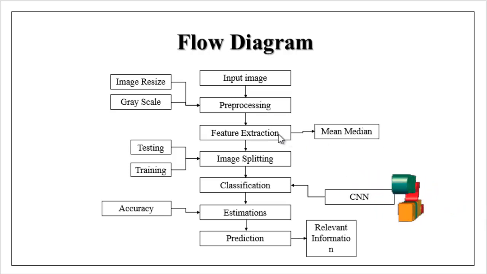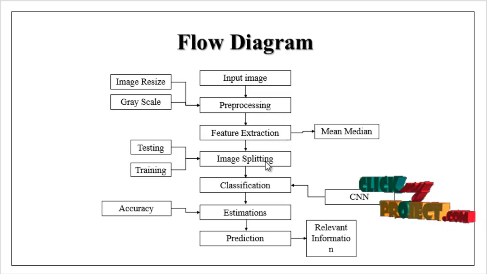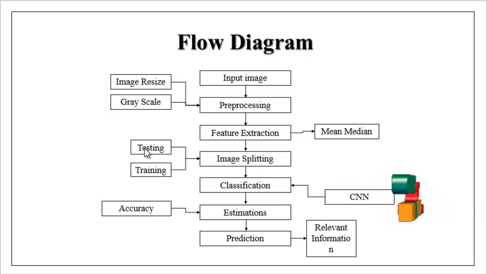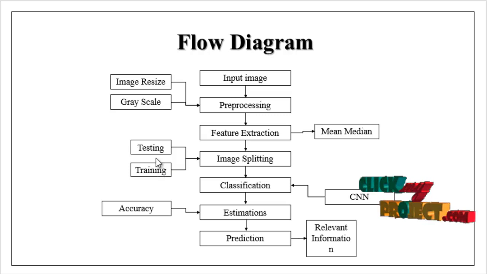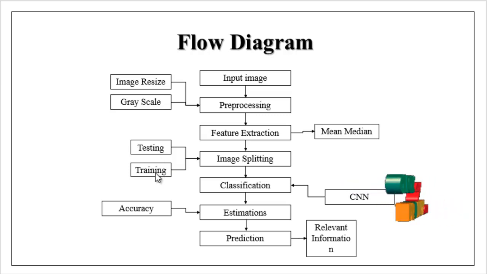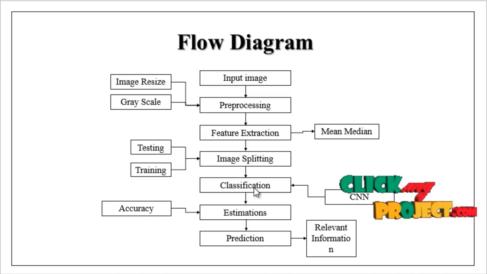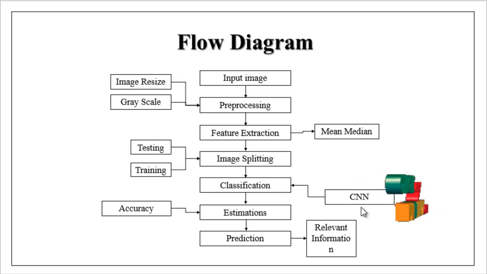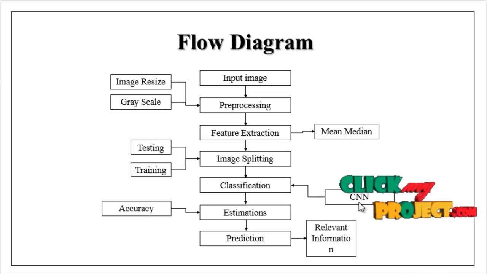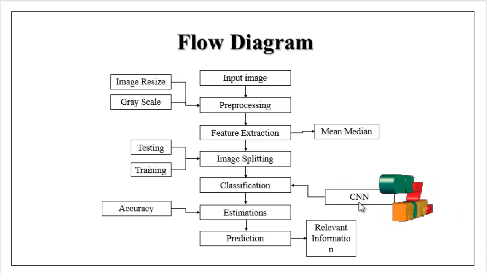The feature extracted image is carried to the image splitting module. In this step, we split the whole set of images into testing and training. Testing is used for prediction and training is used for evaluation. Then the split images are carried to the classification module. In this step, we implement the deep learning algorithm such as a convolutional neural network.